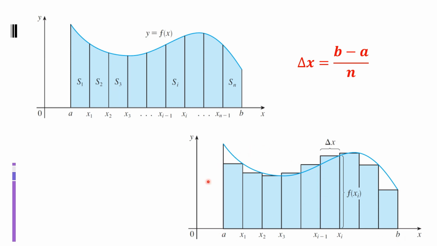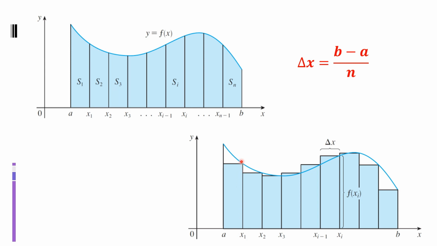So, dito, since na-divide na natin siya into n rectangles, at alam natin na yung width natin is delta x, so ito yung delta x natin, yun namang ating length, yung function value at the right. Okay? Pwede rin namang at the left, bahala kayo kung gusto niyo.